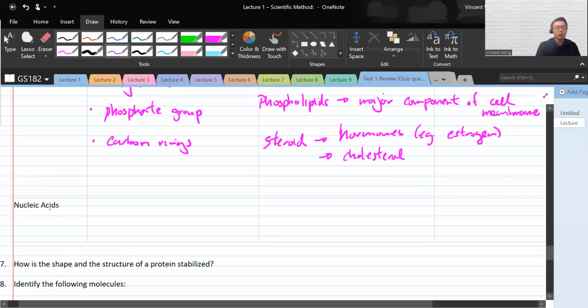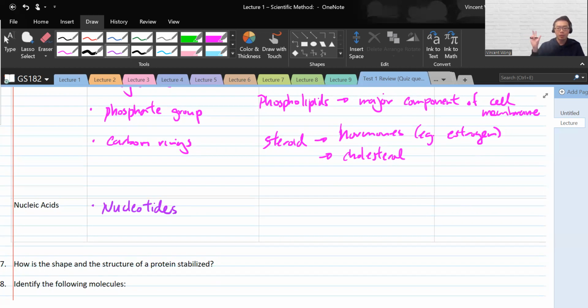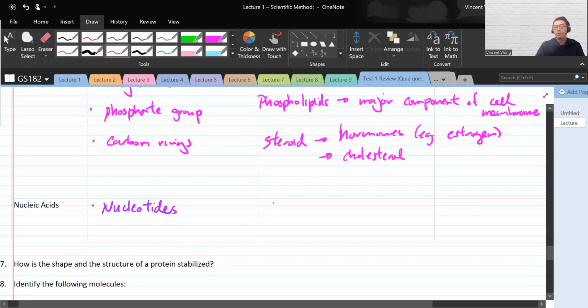Okay, then we have the nucleic acid. The monomer for nucleic acid, I just told you, is nucleotides. It has a phosphate, a sugar, and a nitrogenous base. We've only learned 2 types of nucleic acid, DNA and RNA.